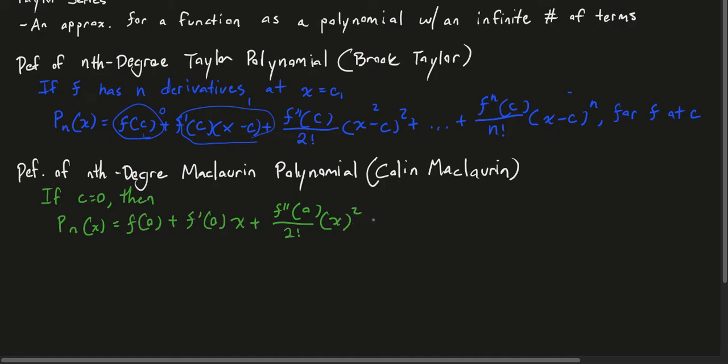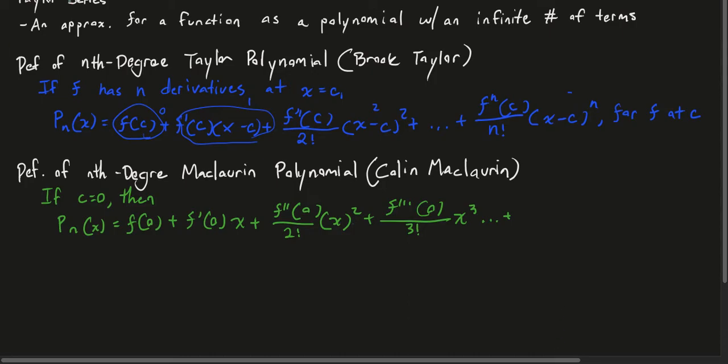And so this continues on. We could say f third prime of 0 over 3 factorial and x cubed. And eventually this goes on into whatever the term is.